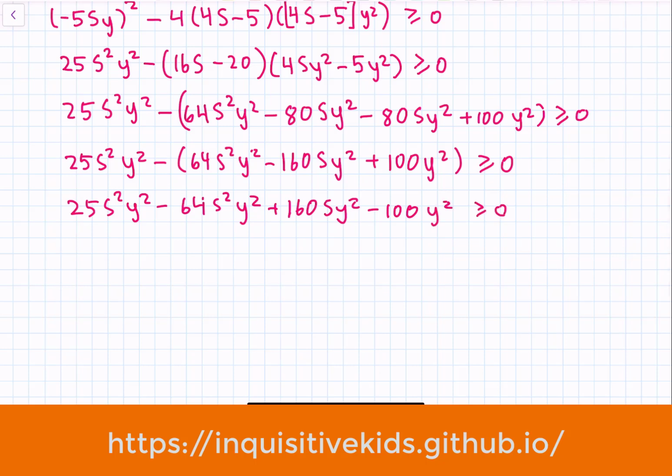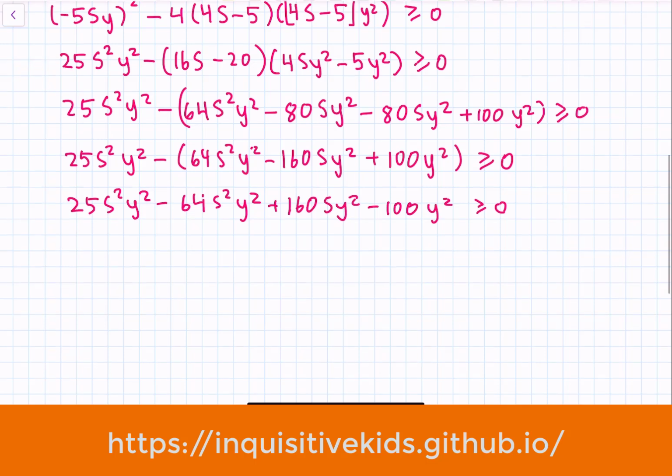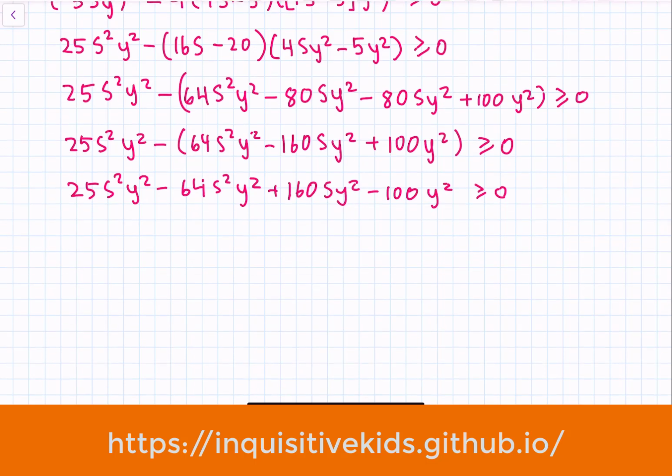And at this point, when we see that all the terms have y squared in them, we can just go ahead and divide y squared on both sides of the inequality. Negative 39 s squared plus 160 s minus 100 is greater or equal to 0. And now we can divide the negative sign on both sides.